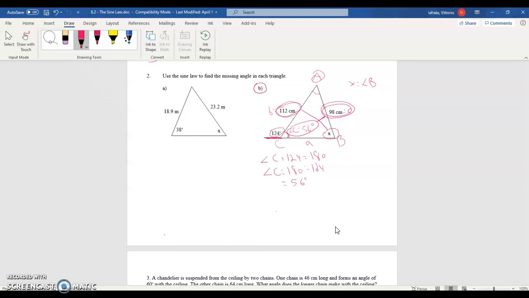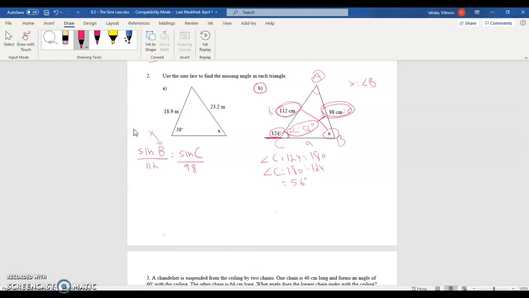So I'm going to continue the work here for part B. So we know that sine of B, which we know is actually x, just a reminder, over 112, because it's the opposite side of angle B, is equal to sine of angle C over 98, because 98 is the opposite side of angle C.